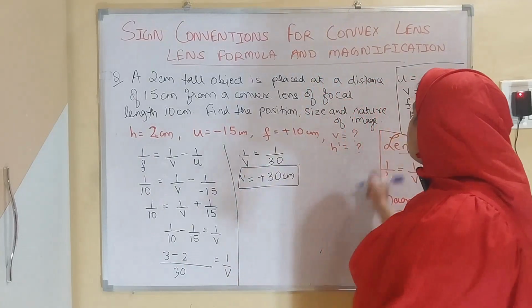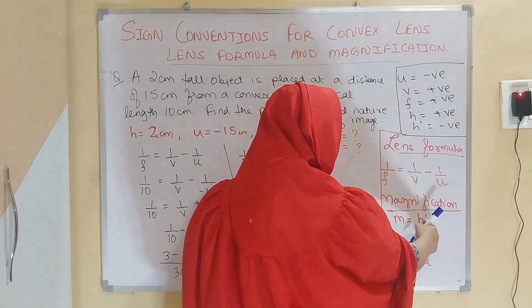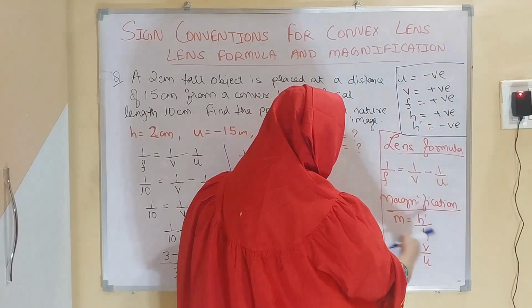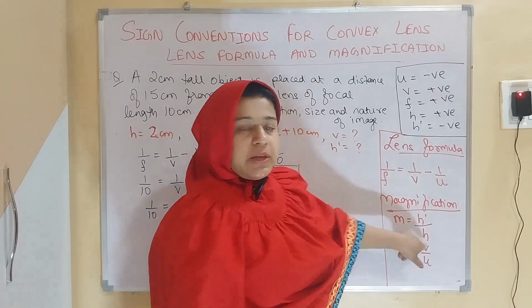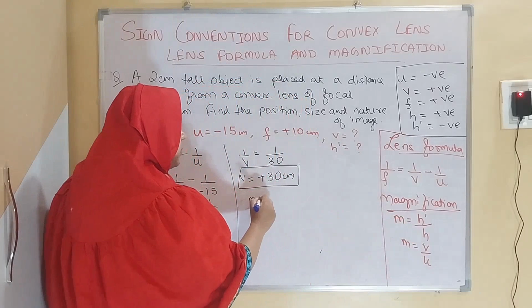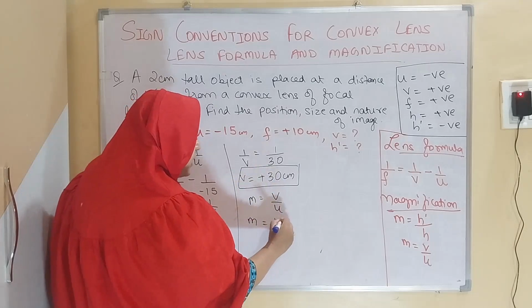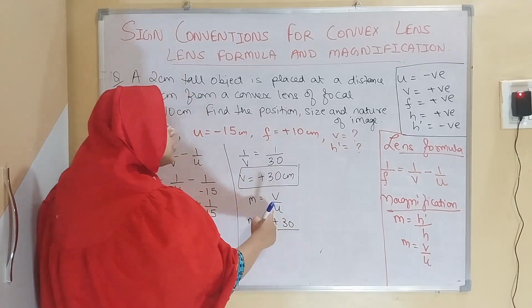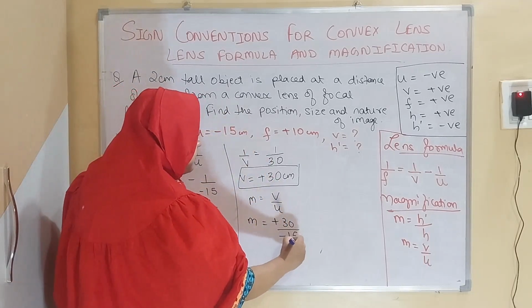Okay. Now next is size of image. To calculate height of image, size of image, we will apply this formula. But in this formula we have neither m nor h dash. So what will we do? First we will find m. m is equal to v upon u. v is plus 30, u is minus 15.